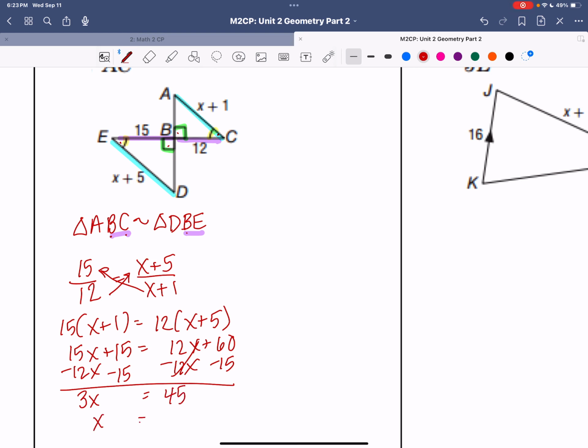Divide by 3, x is going to equal 15. So that's one part: we know that x equals 15.